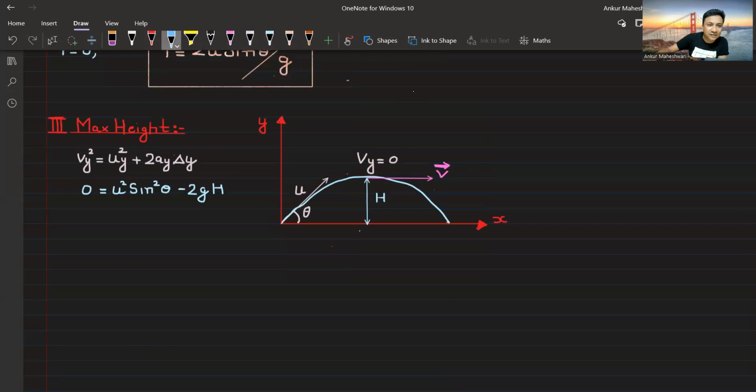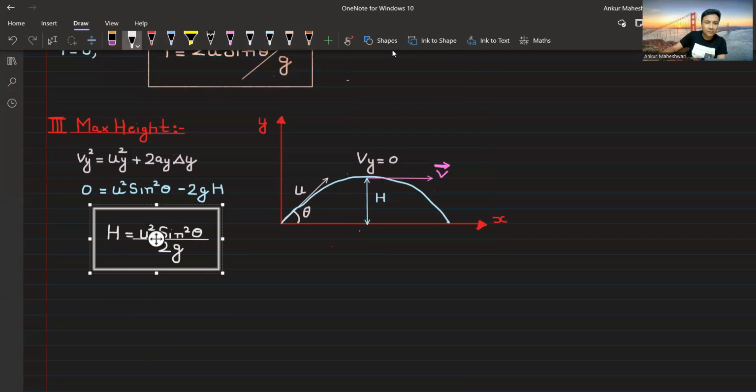So after rearranging this equation, this H comes out to be u square sine square theta upon 2g. Okay. This is the maximum height.